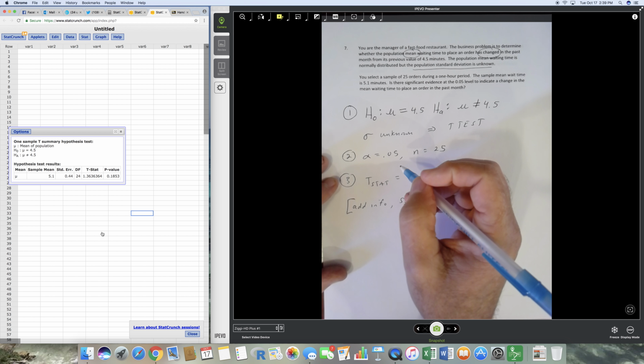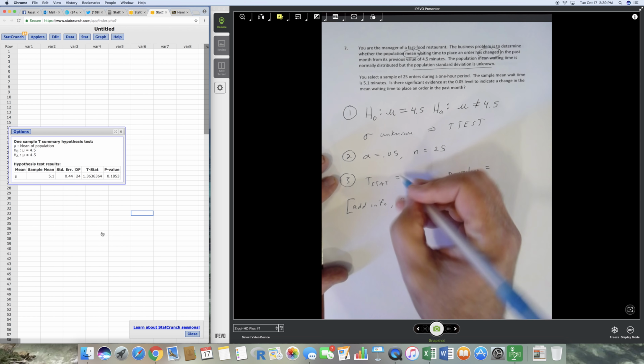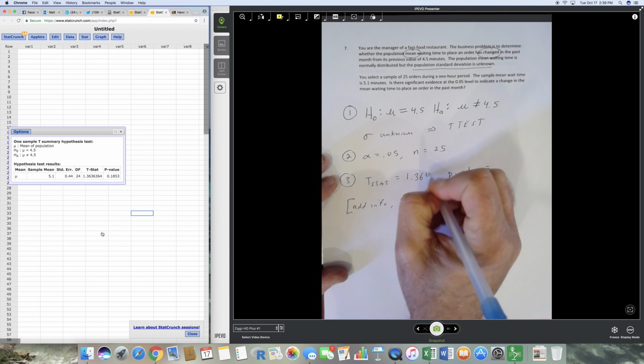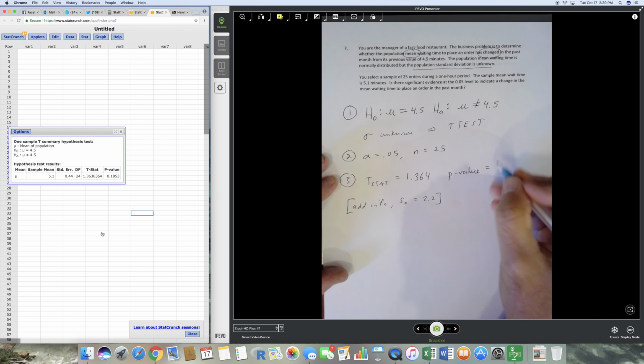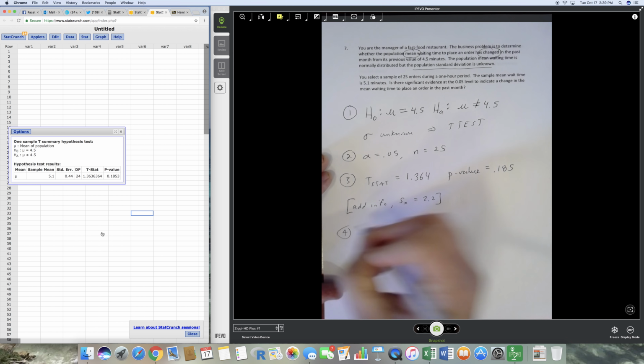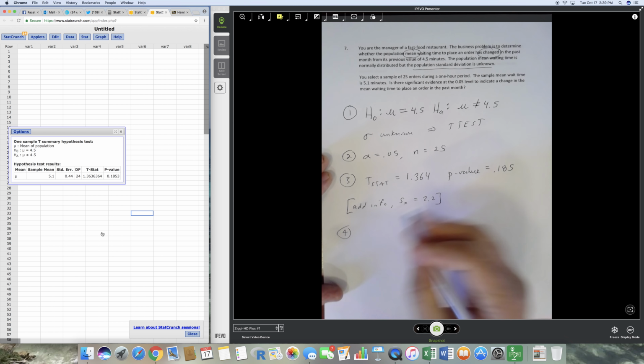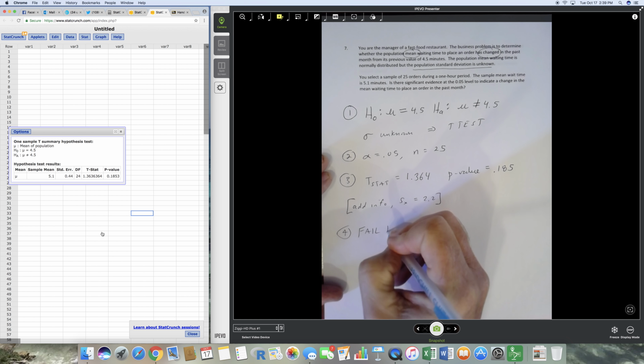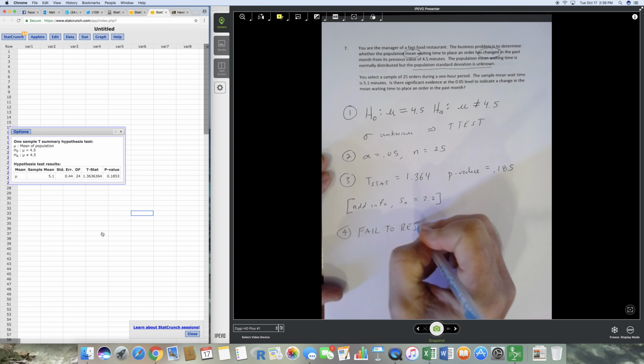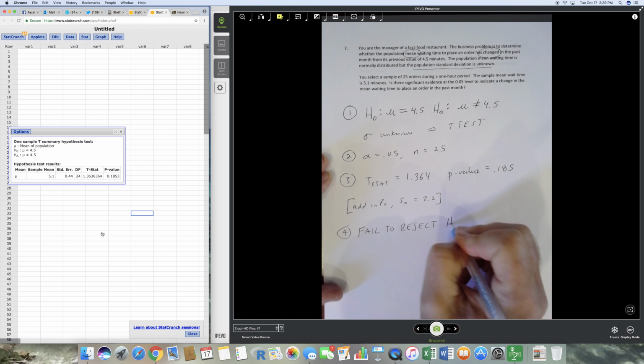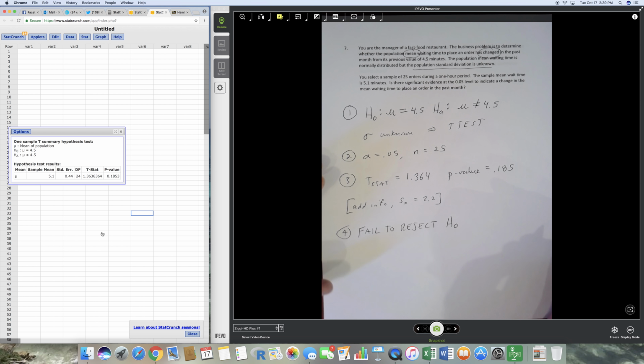So my t-stat is 1.364, and my p-value is 0.185. So guys, the p-value is higher than 0.05, so we fail to reject H sub O. Now, it's kind of crazy, isn't it?